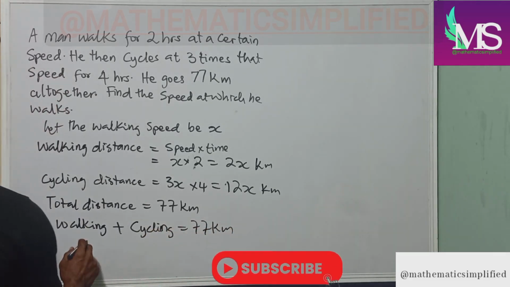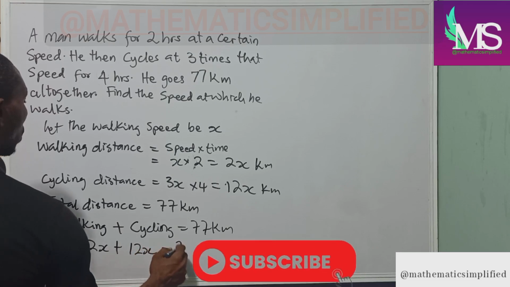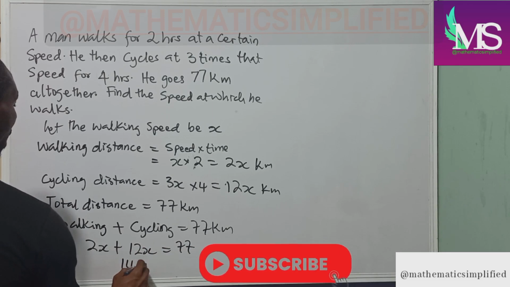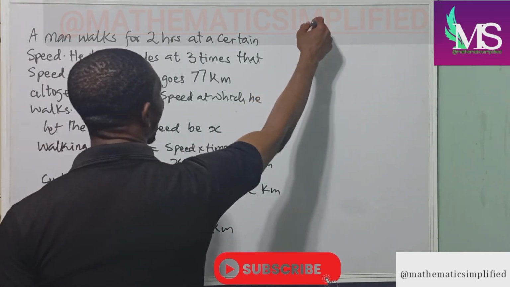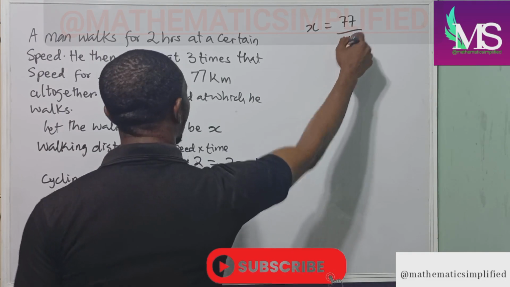So this will give us 2x plus 12x equals 77. Okay, so this will give us 14x equals 77. So our x will be 77 over 14.